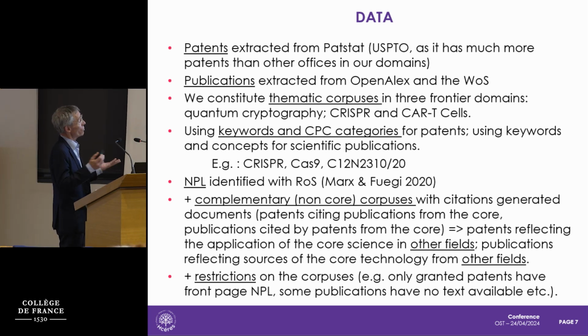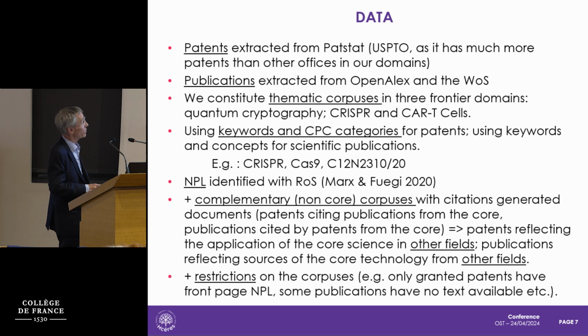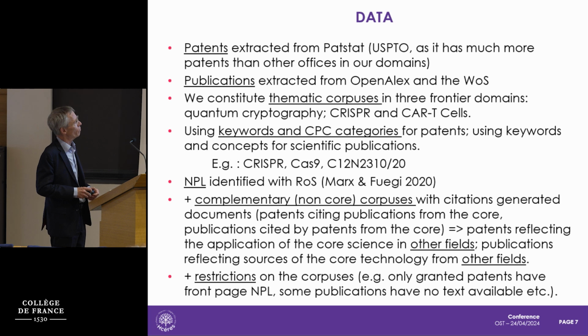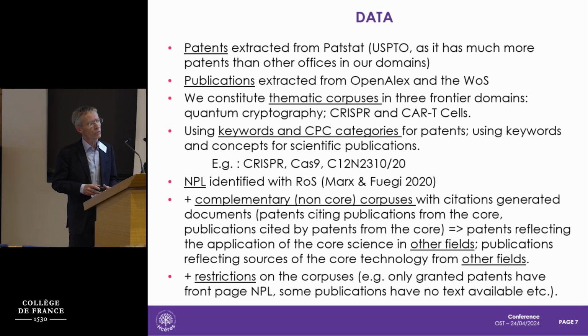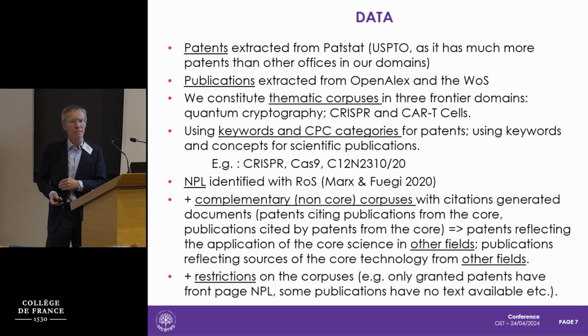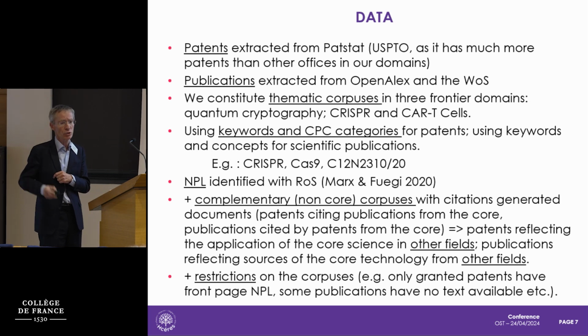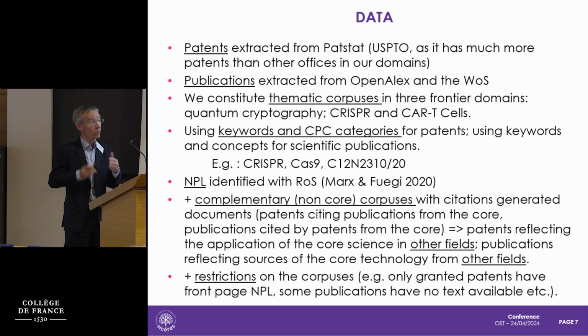And we use the NPL coming from the Reliance on Science, Marx and Fuegi database. We also constituted complementary corpuses with the cited publications, cited by the core patents of each corpus, and the patents which are citing publications for this corpus.